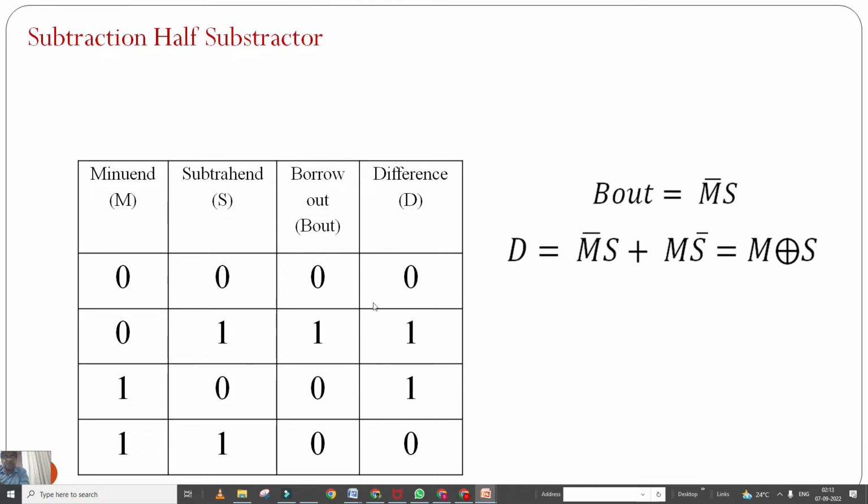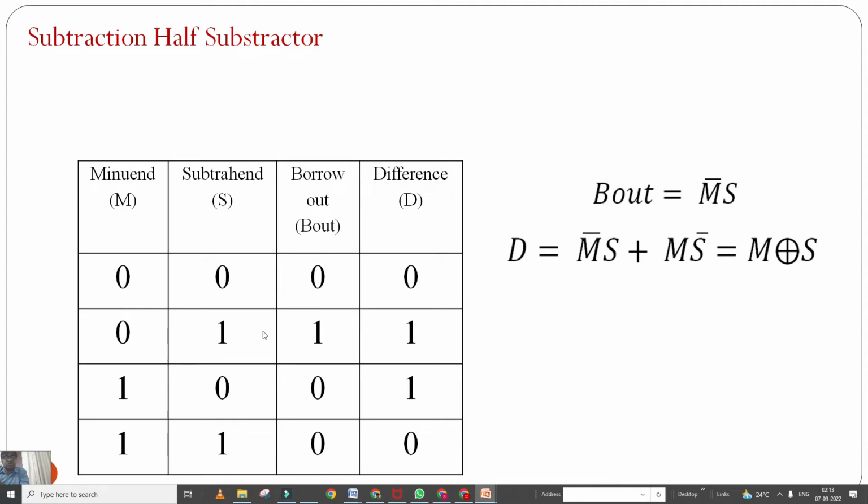Looking at this truth table, it can be implemented as b out equals m bar s, since only in the case where m bar equals 1, that is m equals 0, and s equals 1, the borrow is generated. So b out equals m bar s, and the difference is nothing but the XOR gate.